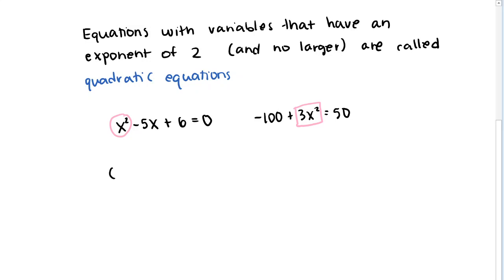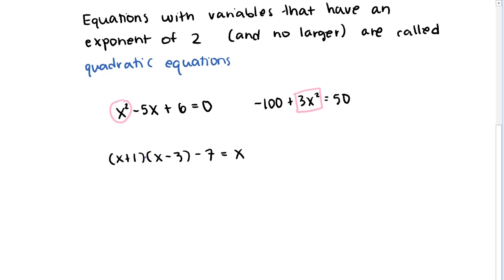Here, maybe another slightly discrete example is (x plus 1) times (x minus 3) minus 7 is equal to x. So this is a quadratic equation. I only see an exponent of 1 on all my variables, but really what's going on in this expression on the left-hand side is that those two binomials there are being multiplied together.